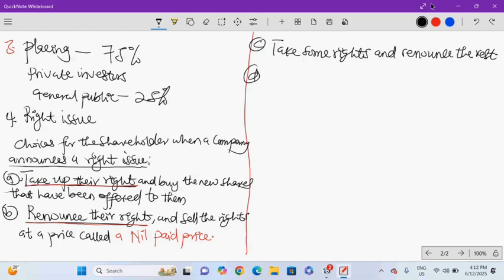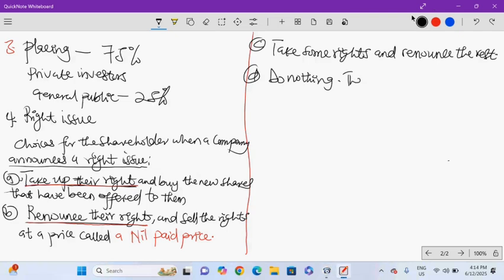And then the last one is they will do nothing. So if they do nothing, what do you think will happen to their existing shares?